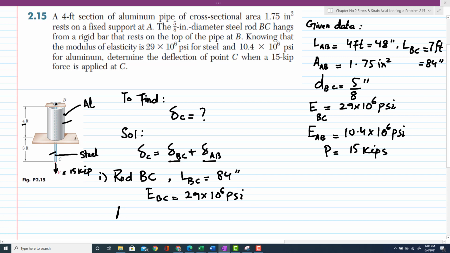The area of BC is equal to pi/4 D_BC squared, which is pi/4 times (5/8 inch) squared, and when you calculate it, it will be 0.306 square inch.